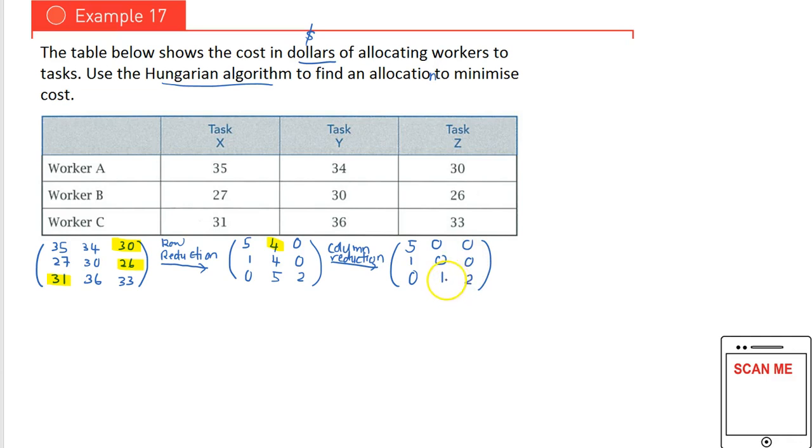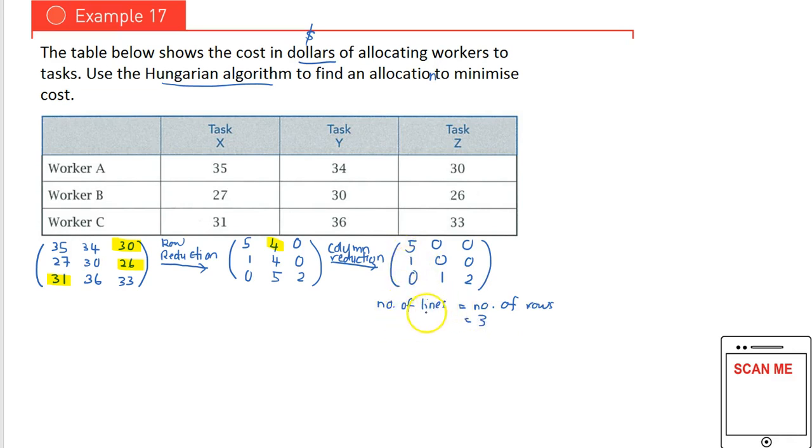Okay, third step already. Here you need to identify the number of lines, which should be the same as the number of rows or columns. How many rows over here? 3 rows, 1, 2, 3.